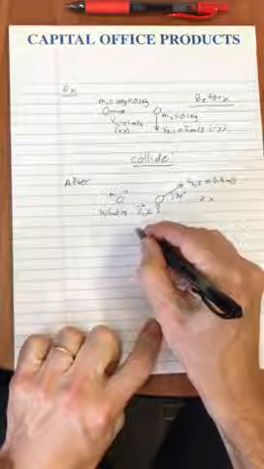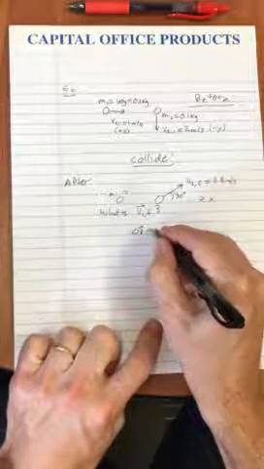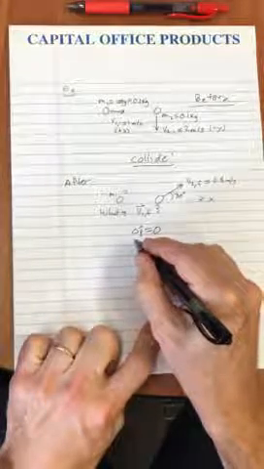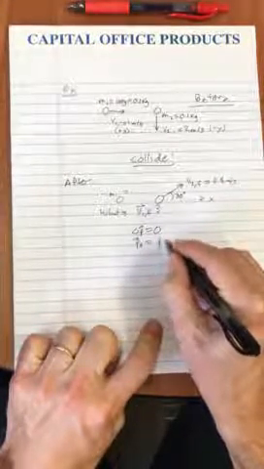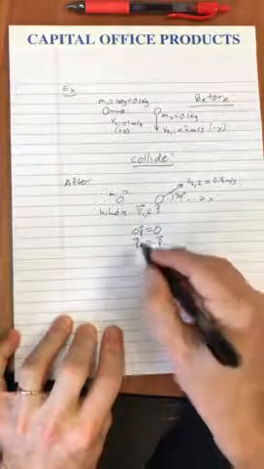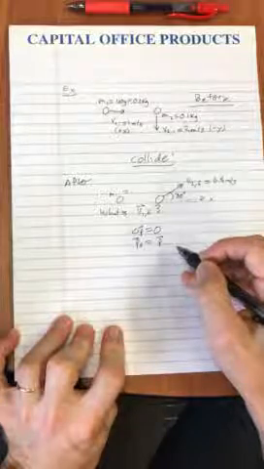So if there's no external forces, momentum is conserved, so the change in momentum is 0. That means P final, the final momentum, is P initial. These are vector quantities, so what we need to do is take into account the x and y components.